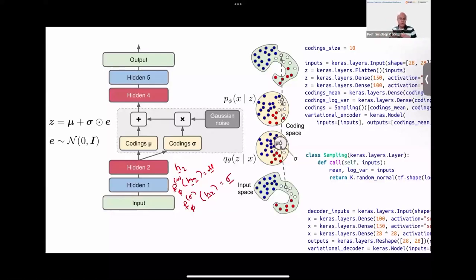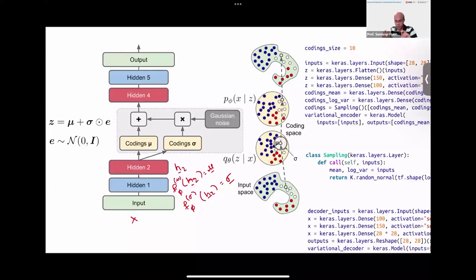Okay, so I have my input x. First hidden layer, say affine transformation plus bias, is going to give me hidden layer output 1. Again, linear transformation with a set of weights and biases, it's going to give me a hidden layer 2 output. Now, think of two MLPs. Those two MLPs are transforming H2 to mu and H2 to sigma. I get my mean and variance vector.